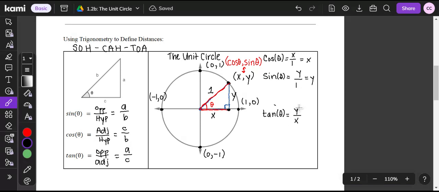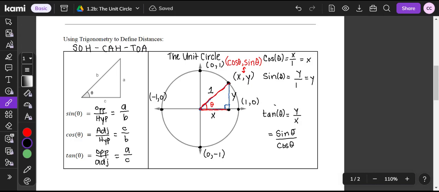If tangent is equal to y divided by x, and I just said y is actually sine and x is actually cosine, that means tangent must also be equal to the sine value divided by the cosine value. And that is true. That is a formula in math.